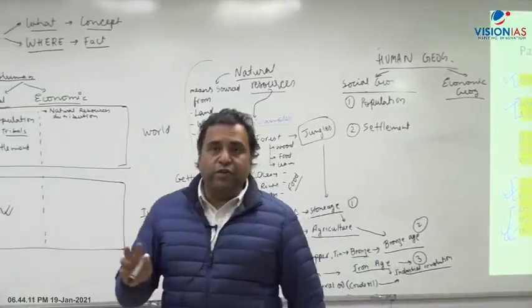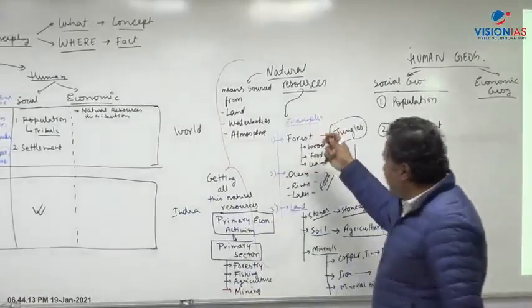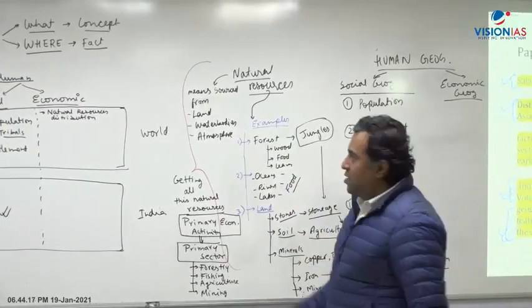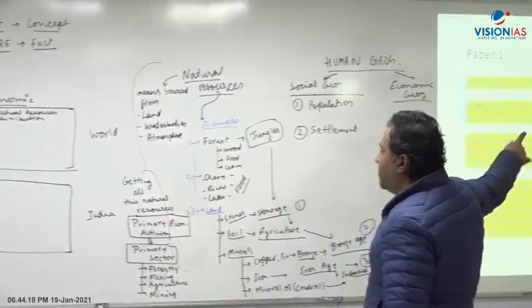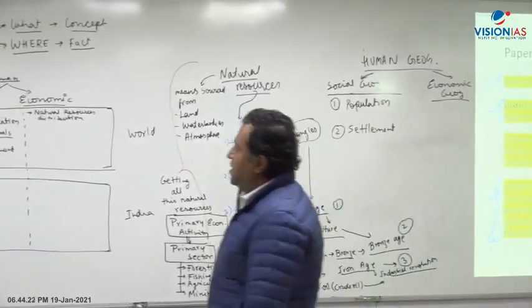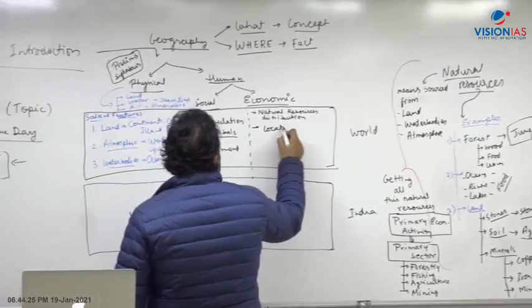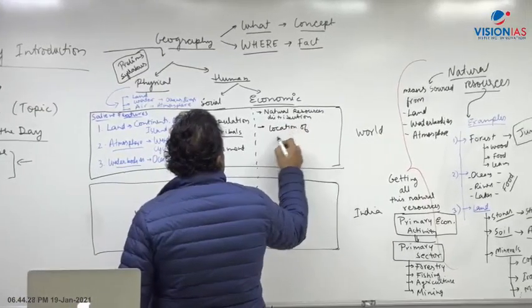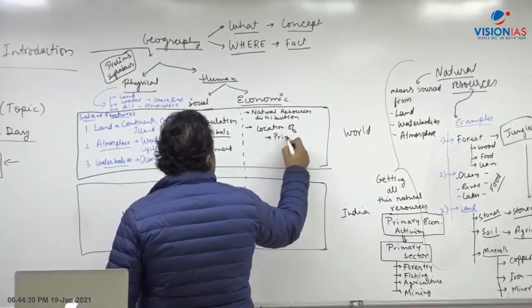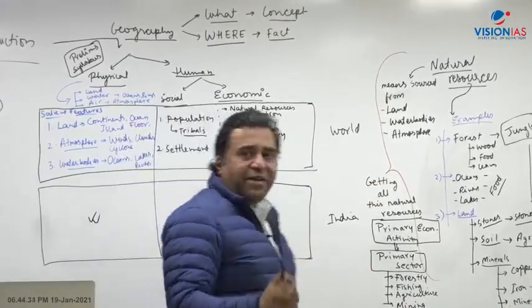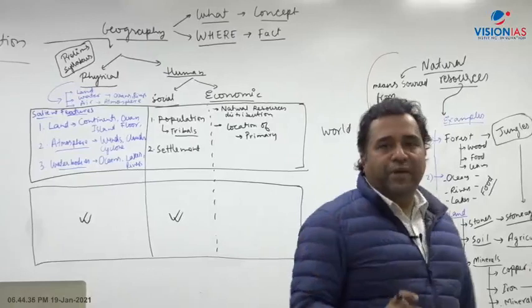So where do we do all this? Where do we collect from the forest? Where do we collect from the oceans? Where do we collect from, grow? So that is factors responsible for location of primary industry. So next part of your syllabus, location of what? Primary sector or industry? Sector means sector of your economy or industry.